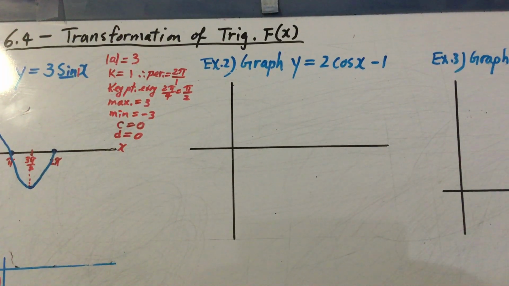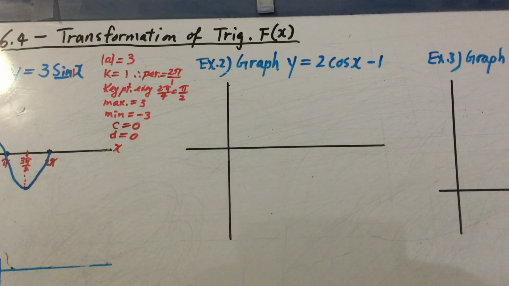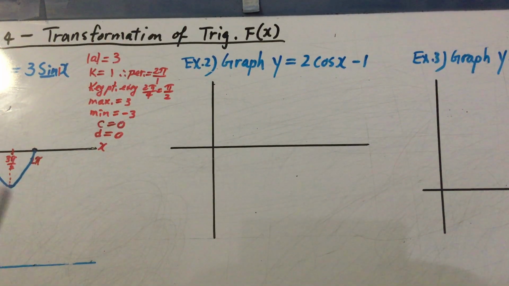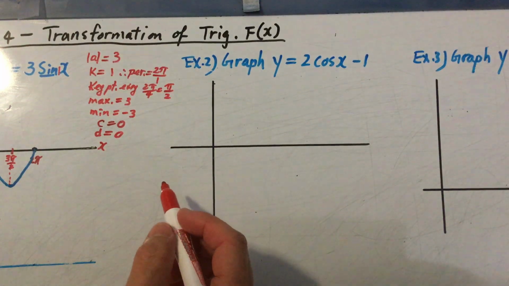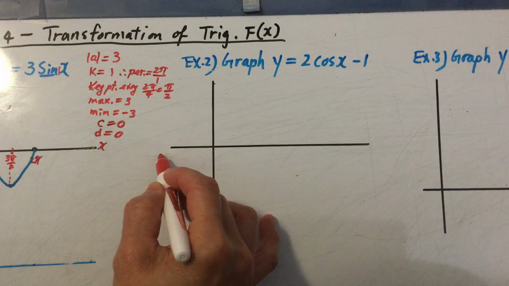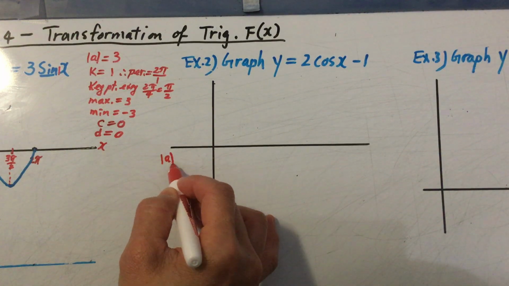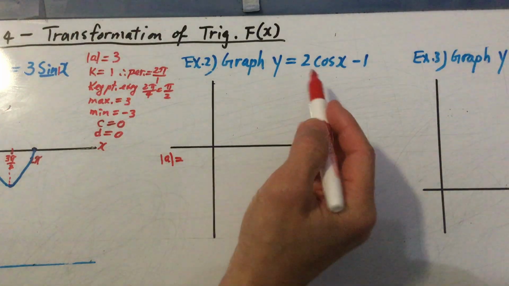The next one is the graph of y equals 2 cos x minus 1. For this one, let me find some space here so I can show you some of my little details down here. Let's identify the amplitude, the absolute value of a.